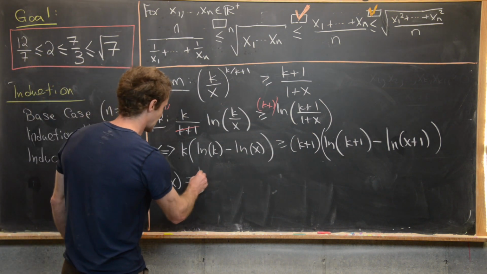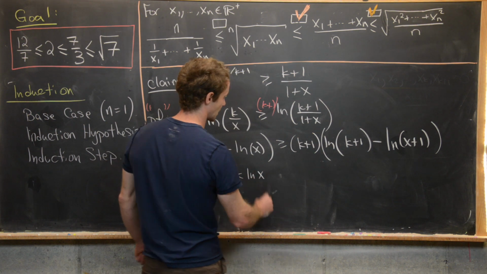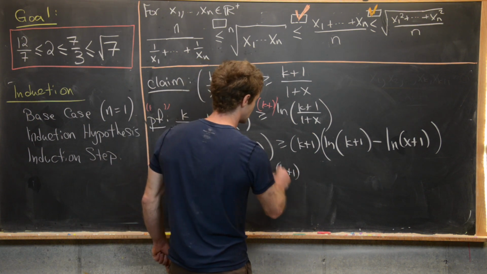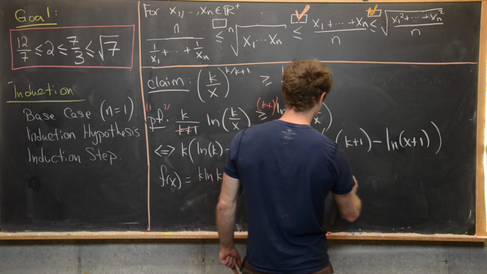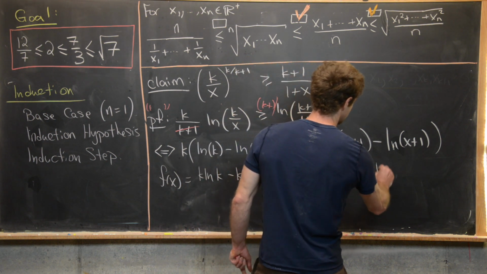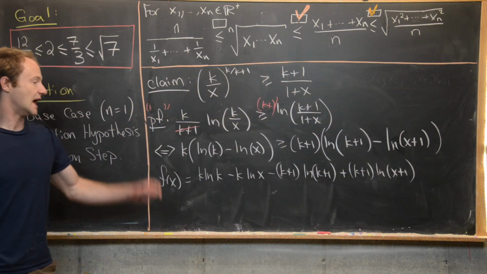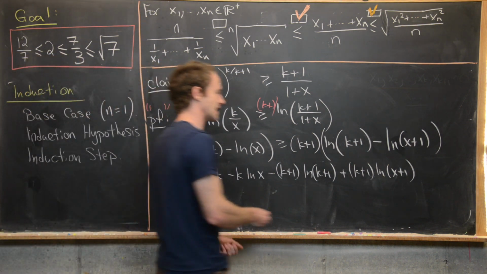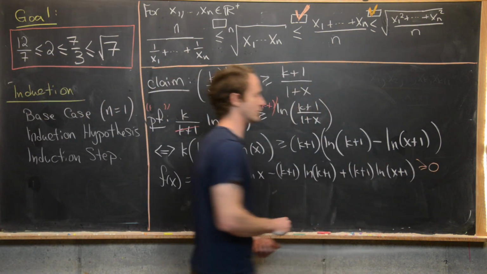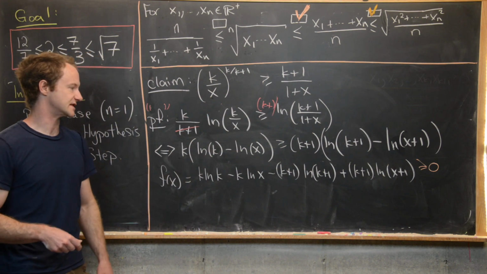So that's going to be k times the natural log of k minus k times the natural log of x minus k plus 1 times the natural log of k plus 1 plus k plus 1 times the natural log of x plus 1. Great. And now notice that this inequality holding is the same thing as showing that this f of x is always bigger than or equal to 0, just because of the arithmetic of us moving these things over.